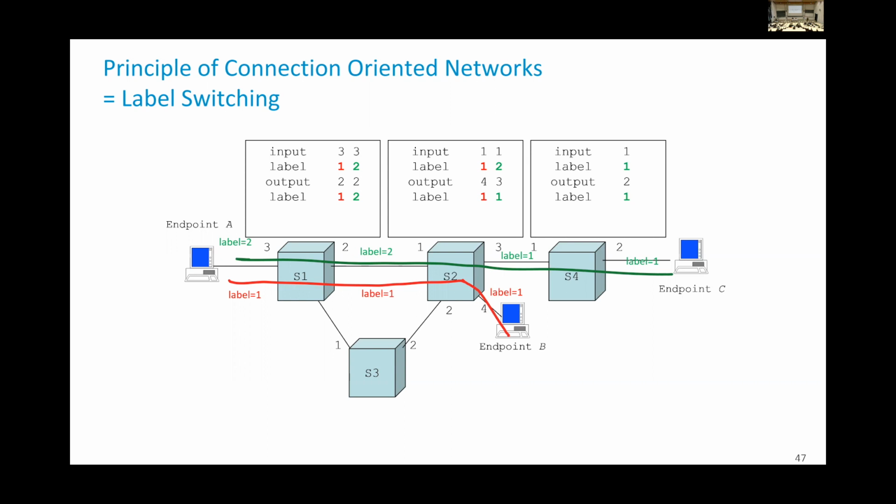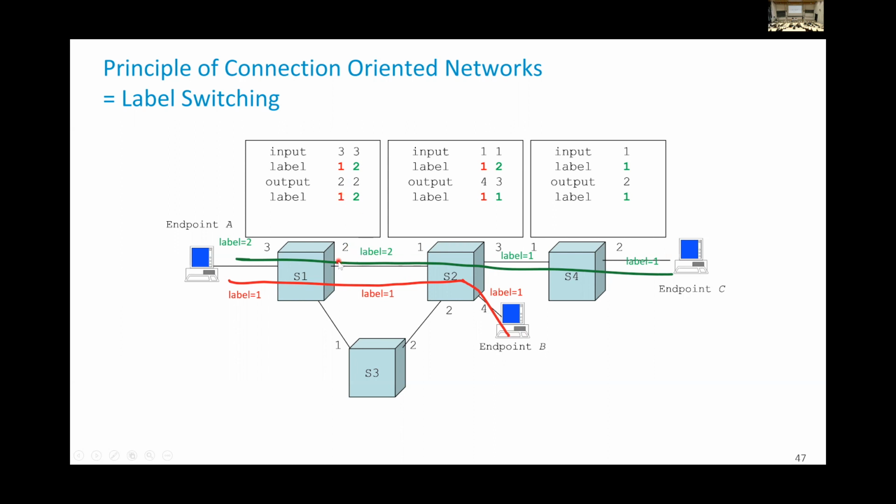A given port 53 on this machine identifies this DNS server process. On another machine, it identifies another process, and they are different, even though they have the same port number. Here it's the same. This label number is local. And the path is created by the concatenation of the values of all the labels here. We see there are two paths here, and the red and the blue go in different directions.